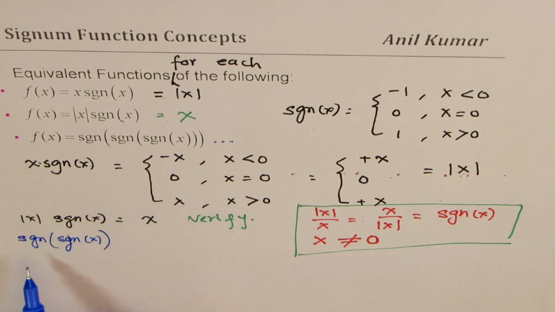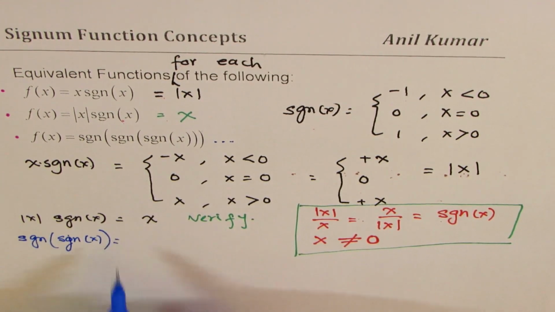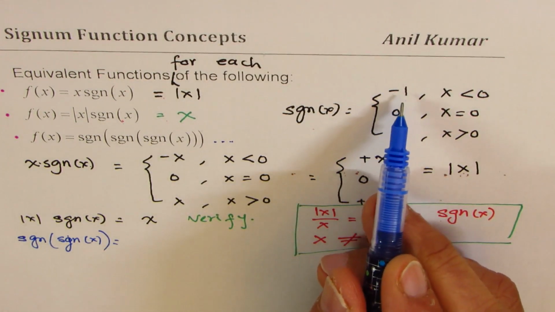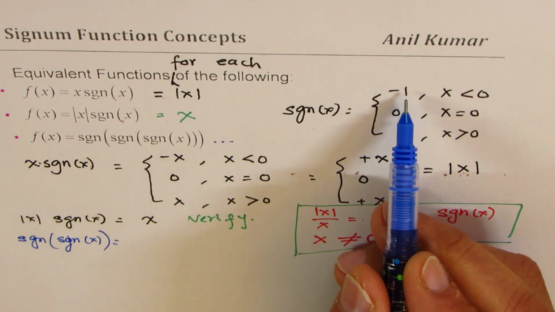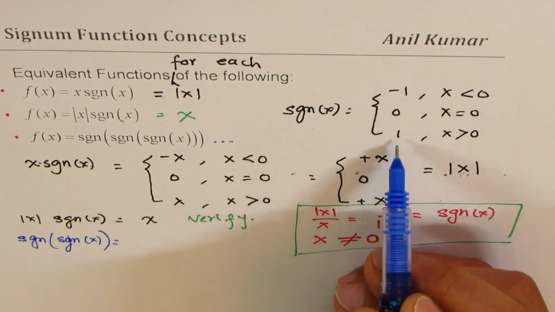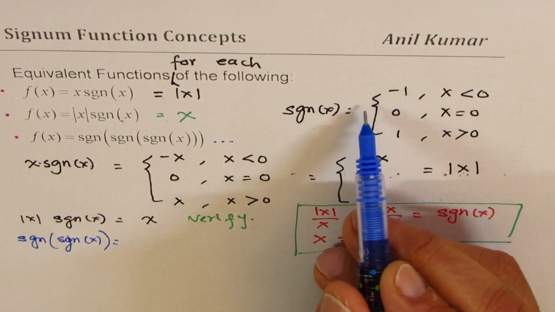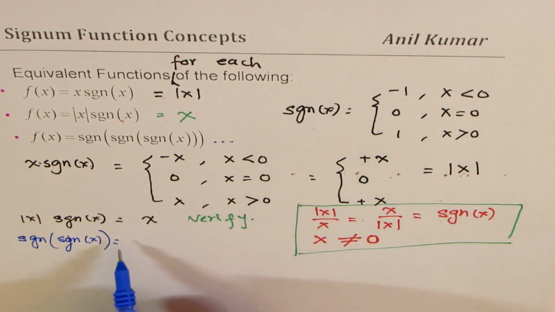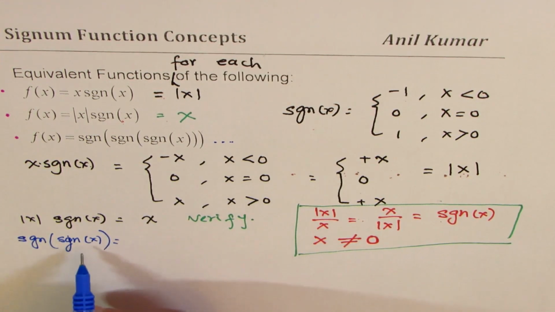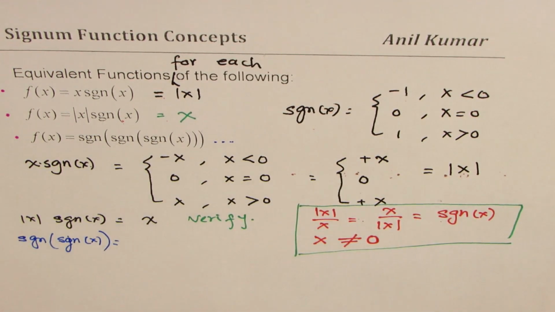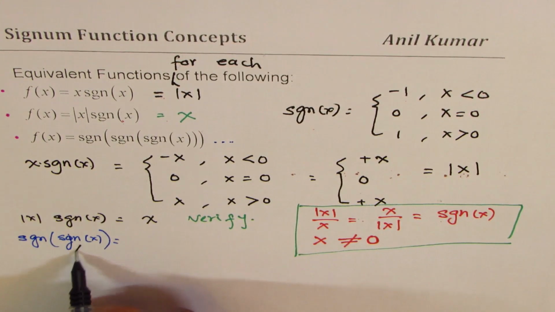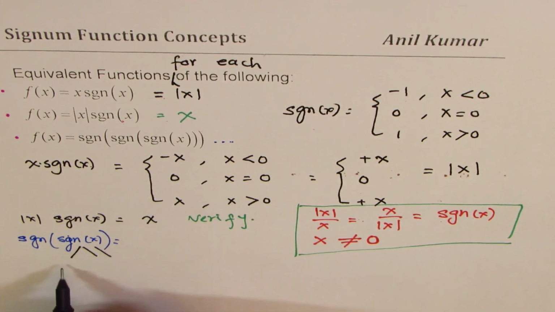S-I-G-N, okay. Right, so what you see here is signum is this, right? So if I do the signum function for this, a negative value will result in negative, right? So for signum x we have three conditions, let's say. So for this, we have three conditions, correct? Either this will be -1, 0, or 1, perfect.